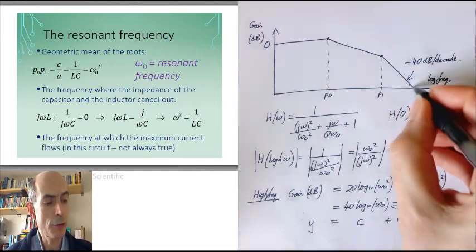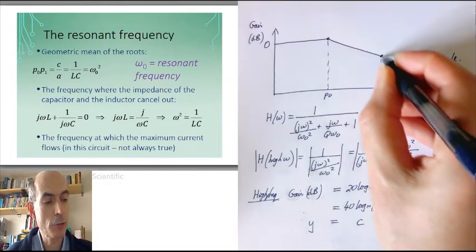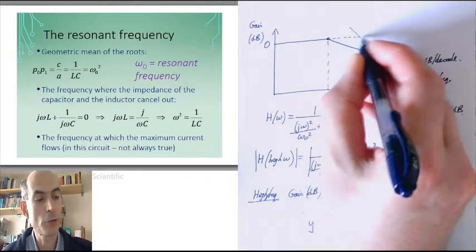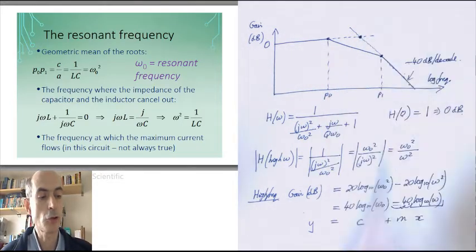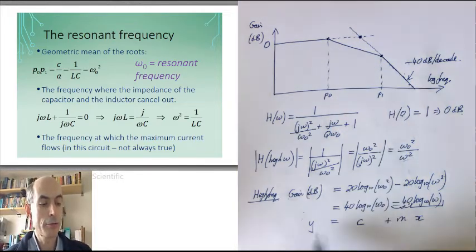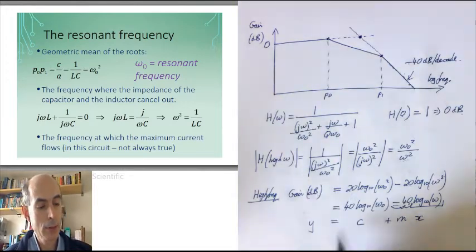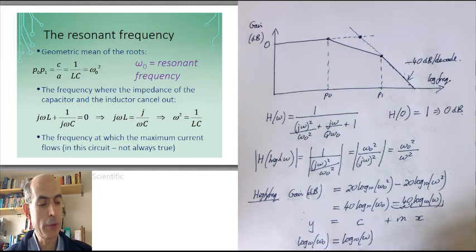And if I extend this asymptote and extend the low frequency asymptote, those two are going to cross where the value given by this approximation is equal to 0. And that would occur when log 10 of omega naught is equal to log 10 of omega.